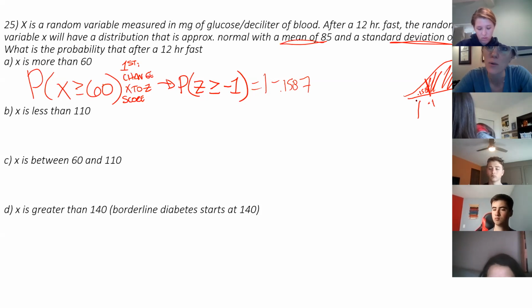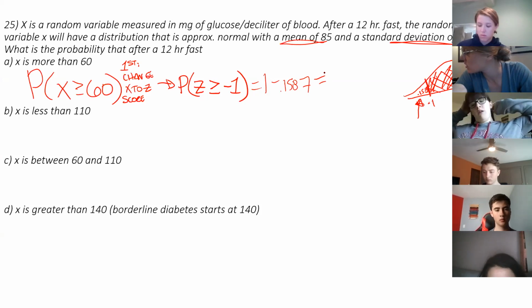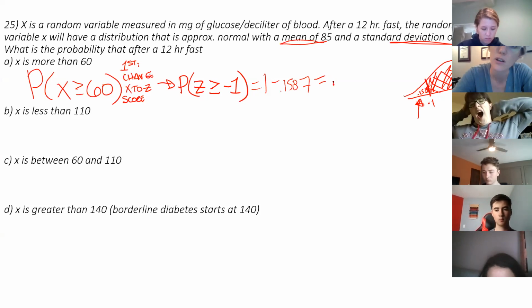So we know that 0.1587 is this area, but I'm looking for greater than, so I'm looking for this area, which is why you do the 1 minus, and that's 0.8413.